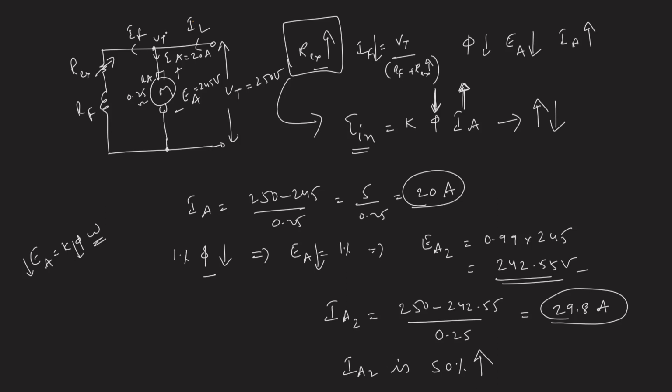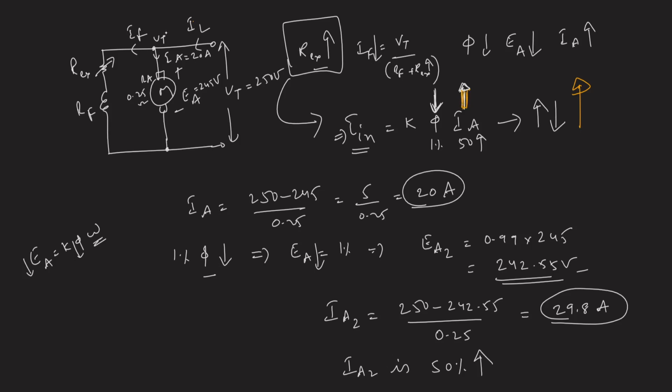So 1% reduction of flux, 50% increase in armature current is taking place. Since tau induced is the product of these two, because IA is increasing by a much higher value, definitely the torque will increase. It will not decrease.